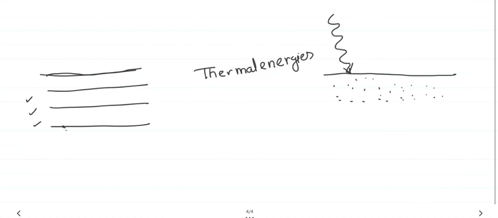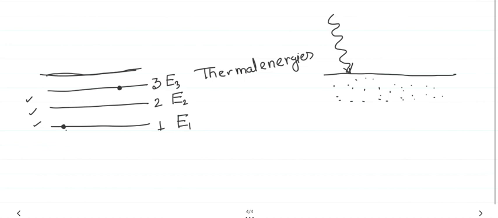Let us consider one electron is at that level, level 1, having the energy E1. This is level 2 having the energy E2, and this is level 3 having the energy E3. And another electron is at the level E3.